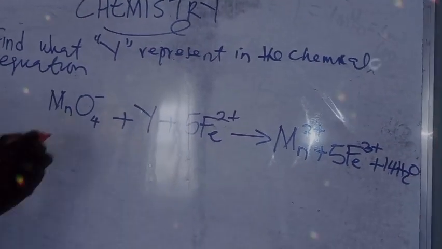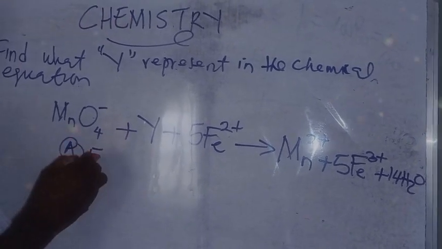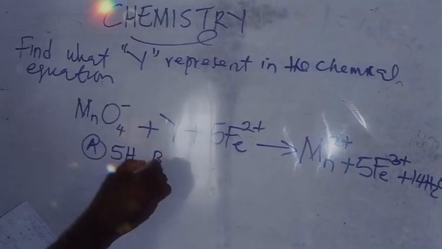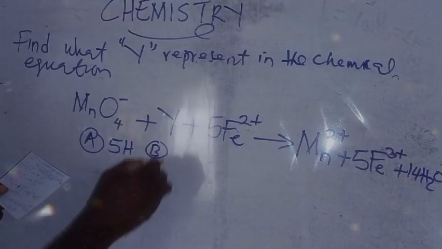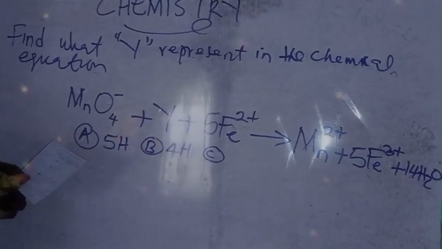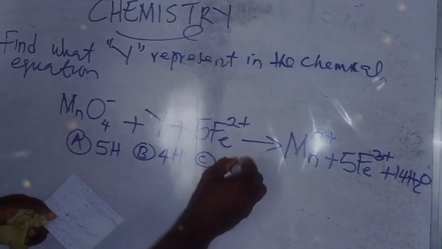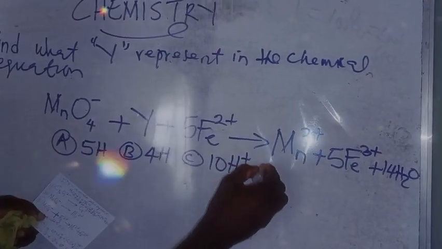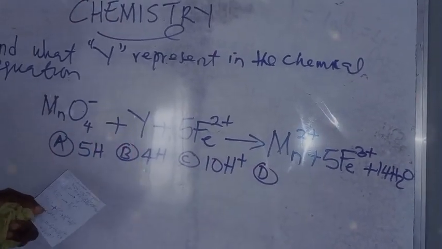Now, you are given the following options. Option A, 5 hydrogen. Option B, 4 hydrogen. Option C, 10 hydrogen ion. Option D, 8 hydrogen ion.